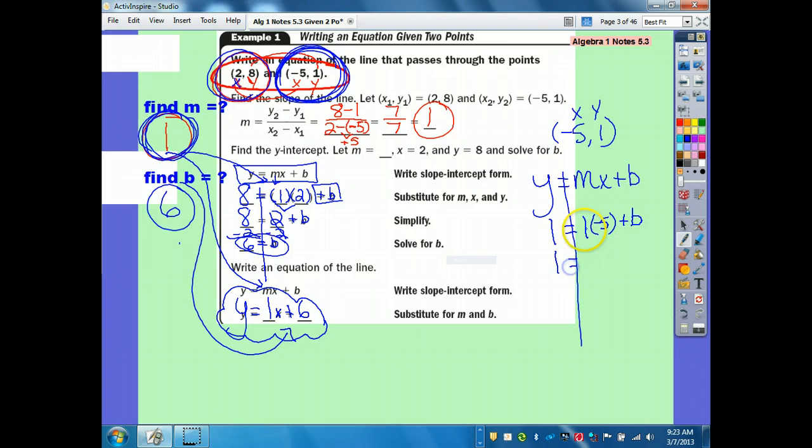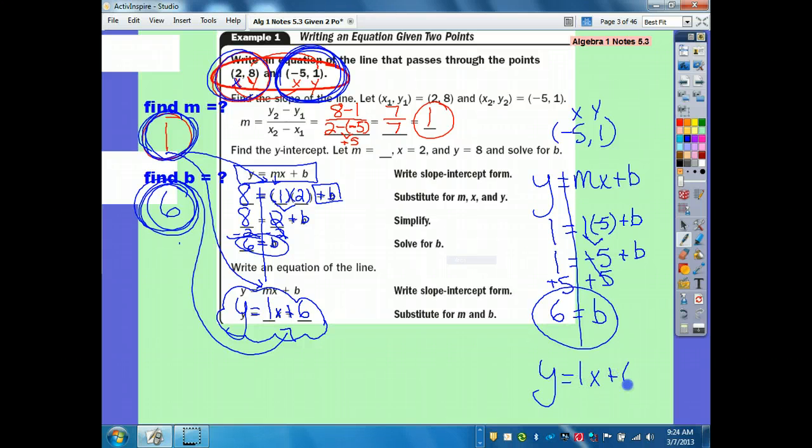Now I have 1 equals -5 plus b. Yep, nice. Add 5 to both sides. What does b equal? 6. Does it equal the same thing? So it doesn't matter which ordered pair you pick, you're still going to end up with the same b, the same y-intercept. So you can end up with y equals 1x plus 6.